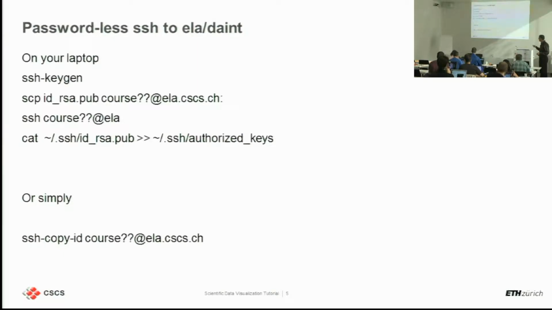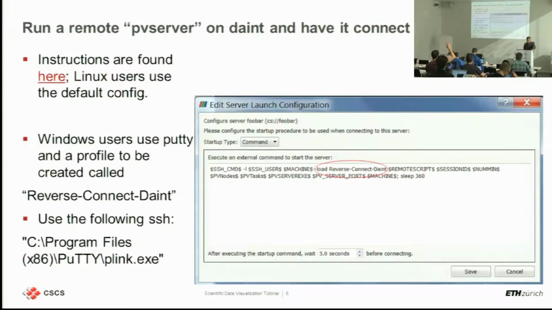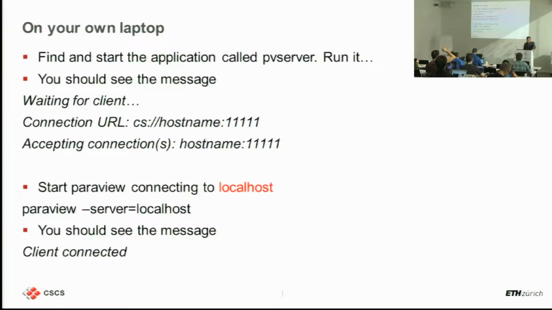Otherwise, you copy it to your home directory on Ela, and then from Ela, you cat it with two arrows onto the authorized keys file. This will be useful because as soon as we know how to do client server locally, we will go to Daint. Yes?